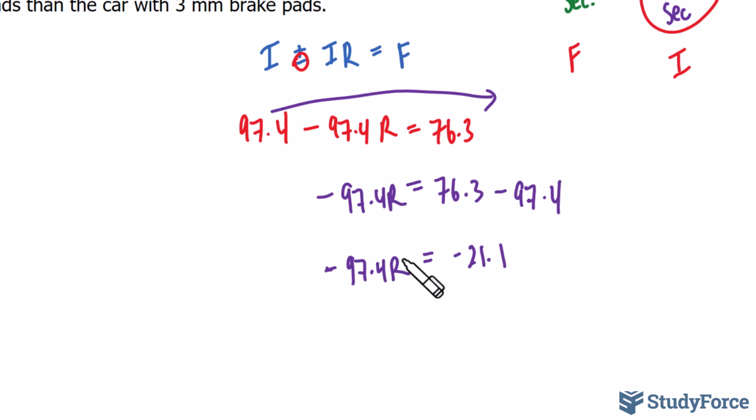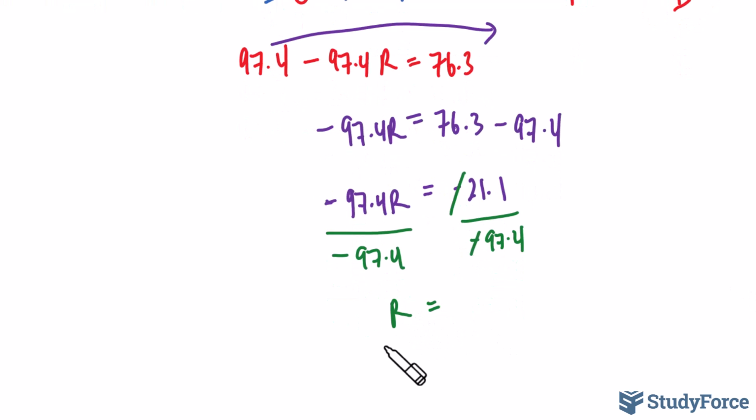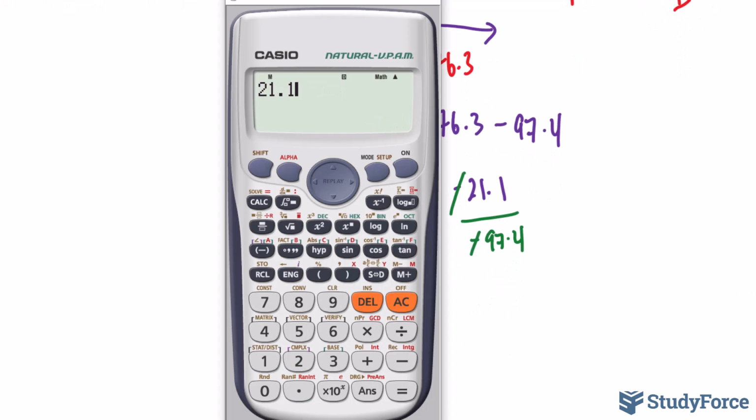And now, to isolate for this R, we divide both sides by 97.4. Those two negatives cancel out, and we get an R value. Now, this is a decimal value, which needs to be multiplied. Notice we get a decimal output.